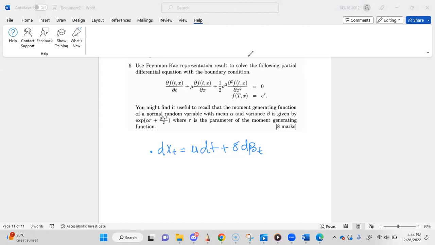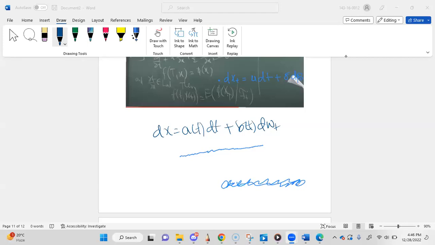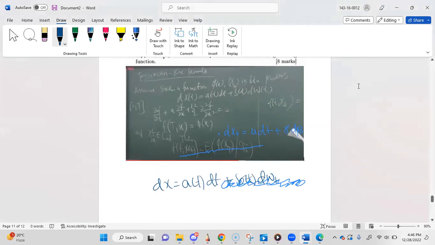Let me bring the result that I have in my head over here. So if our SDE has that particular form, and we want to solve this kind of PDE, then its solution is given by just this.